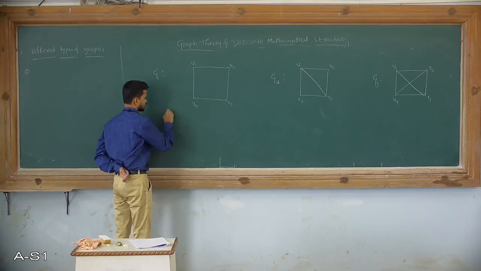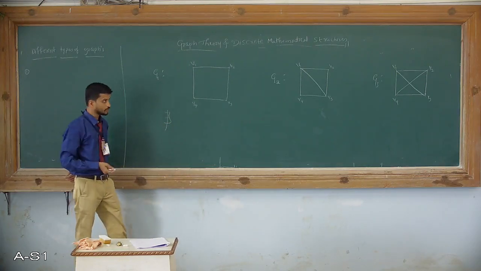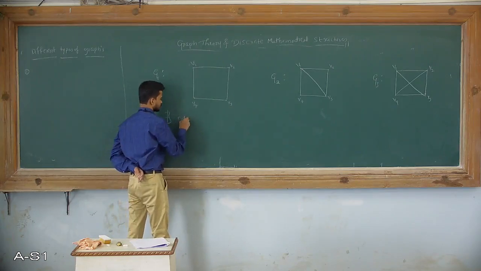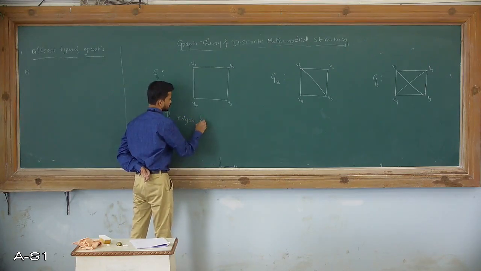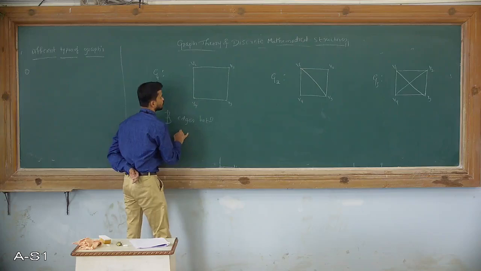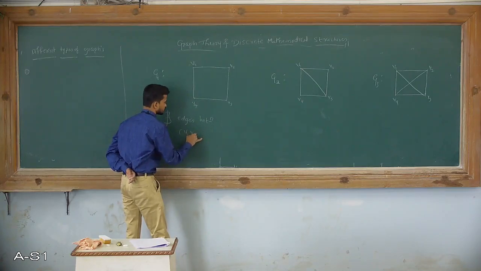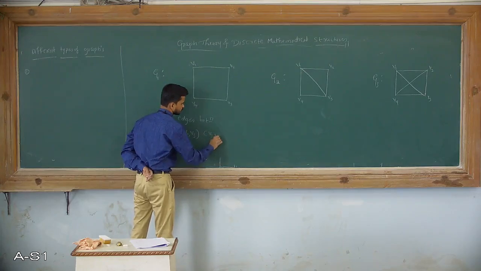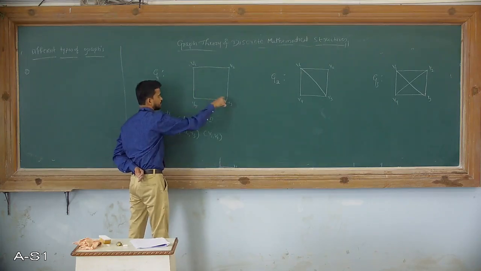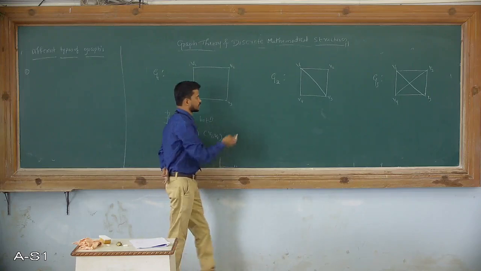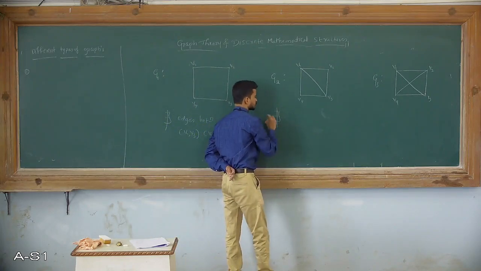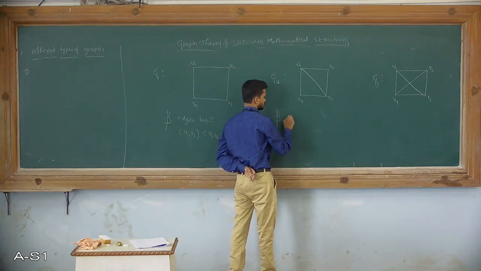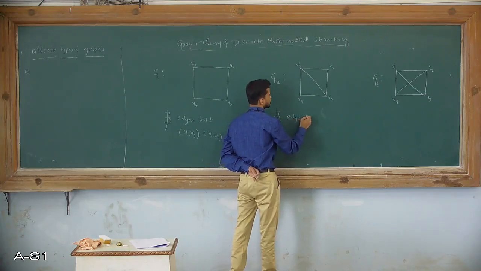There does not exist an edge between V1, V3 and V2, V4. In this graph, there is no edge between V1, V3 and V2, V4. Here, there does not exist an edge from V2, V4.